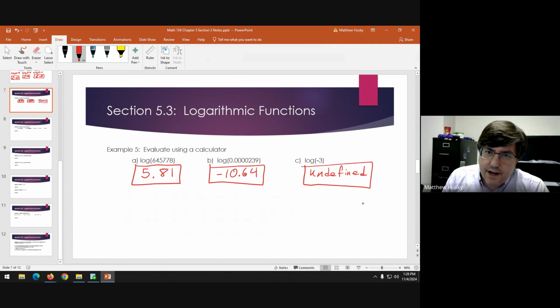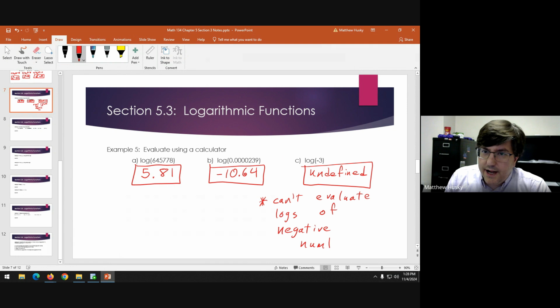And so the idea with this is you can't evaluate logs of negative numbers. And actually, hang on a second.